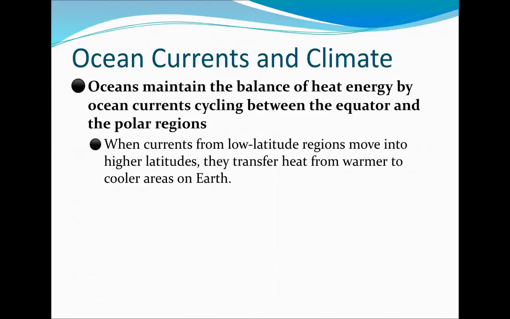So ocean currents and climates. Oceans maintain the balance of heat energy by ocean currents cycling between the equator and the polar regions. We talked about the equator and polar regions when we talked about climate and weather. Nearer the equator, what kind of temperatures do we have?